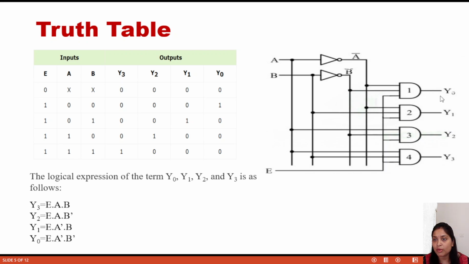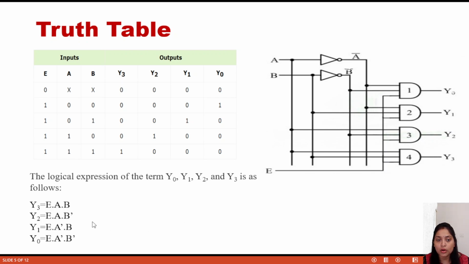One terminal is connected to E, another to B bar, and another to A bar. Next Y1 is A bar B: this line is A bar, this is B, and this is the enable input.